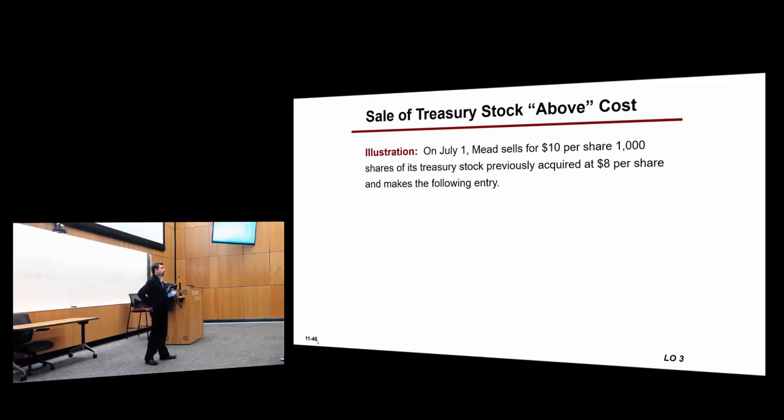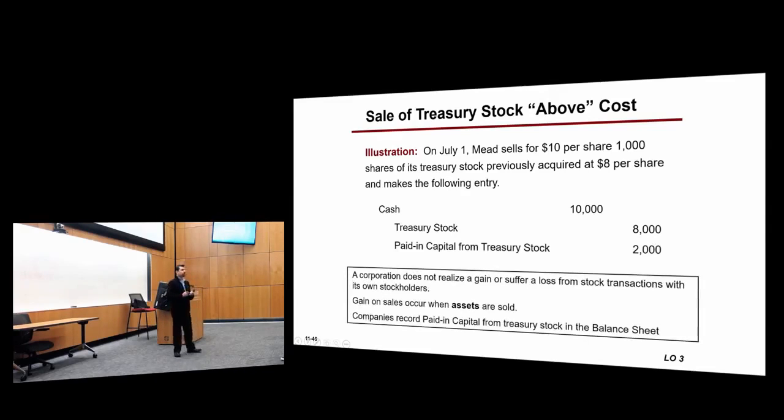So what do they receive? Cash, how much? $10 multiplied by 1,000. This is the amount of cash that they will receive. They will credit treasury stock 8,000. It's at cost, right? This is how much it costs. What about the difference between the two? Paid in capital from treasury stock.